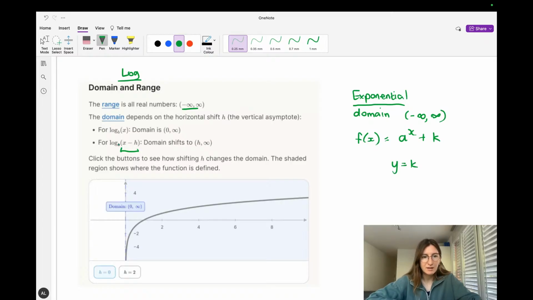Now it's the same thing, except it's within the function because it's x and it's going to shift it. So if it was log of x minus 4, then we're going to have an asymptote at x equals 4. So it's just that value. Note there's the minus already in the equation, so when I'm taking this, it's just positive 4. And so the domain will be whatever value is more than 4. So they just switch like that.